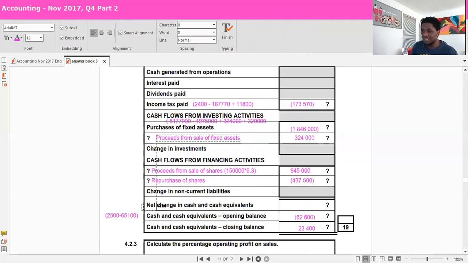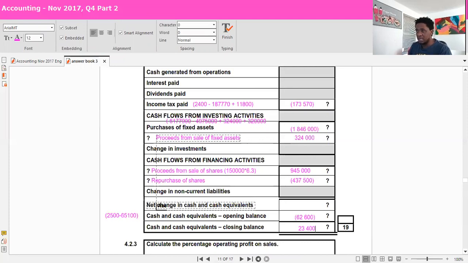The net change is basically from the position that we were at when the year began and the position that we're at now, how much has been added or subtracted in our cash and cash equivalents. So we had negative cash and cash equivalents of 62,600 when the year began, and we were ending the year with 23,400. It means that we have added more money to our bank account. Firstly, we added the 62,600 to wipe out all that negative balance, and then on top of that, we added 23,400.